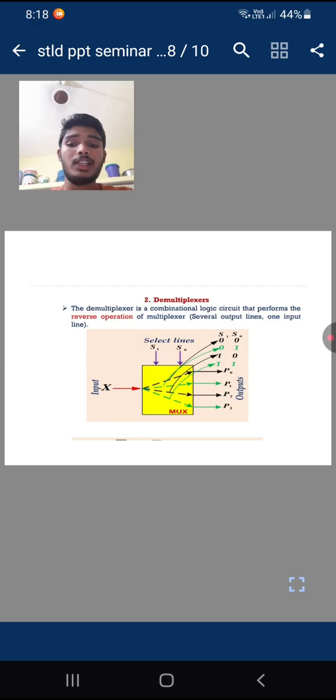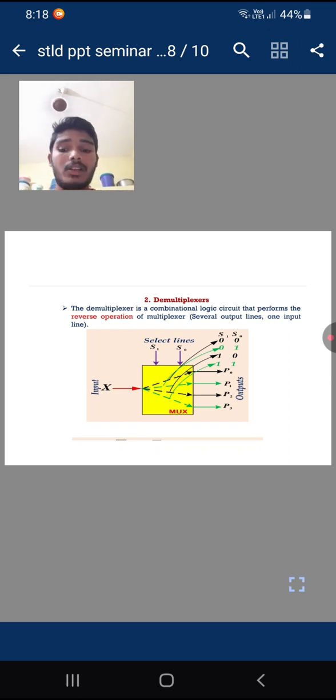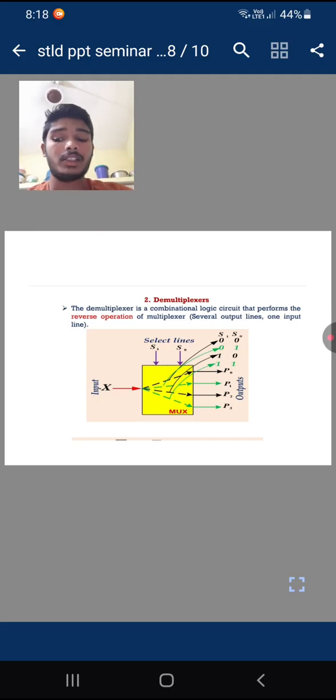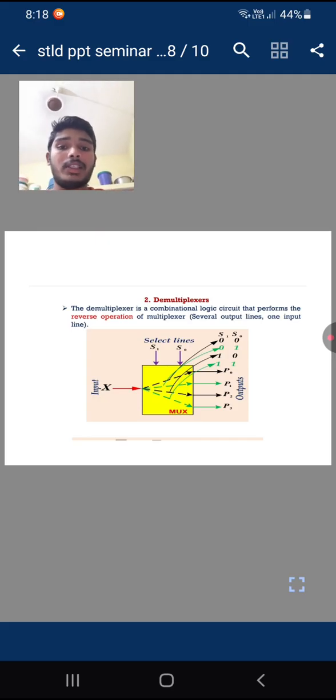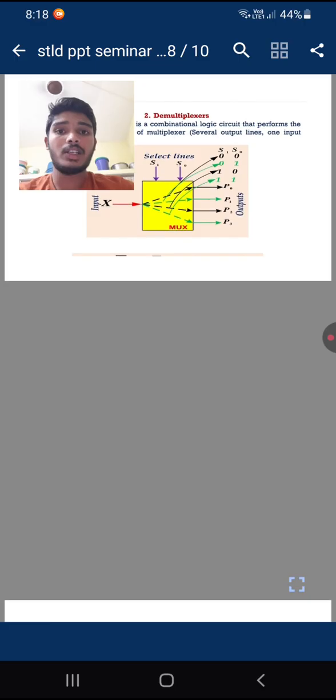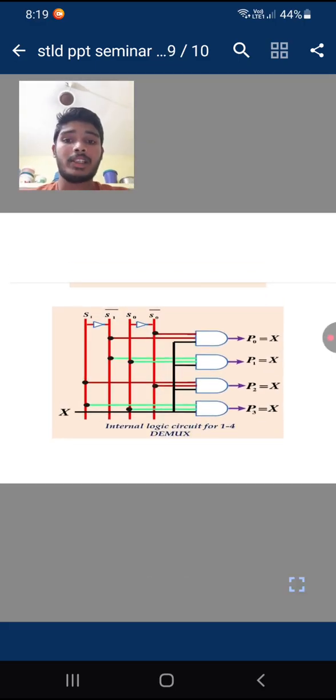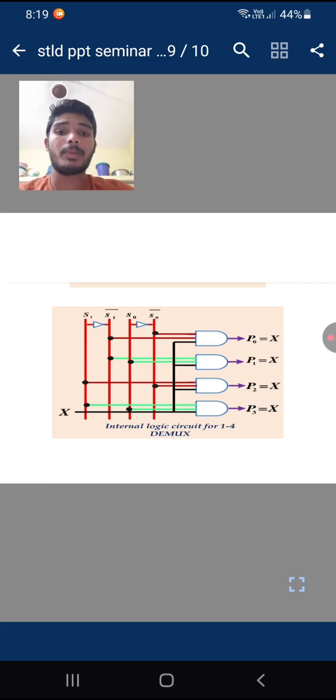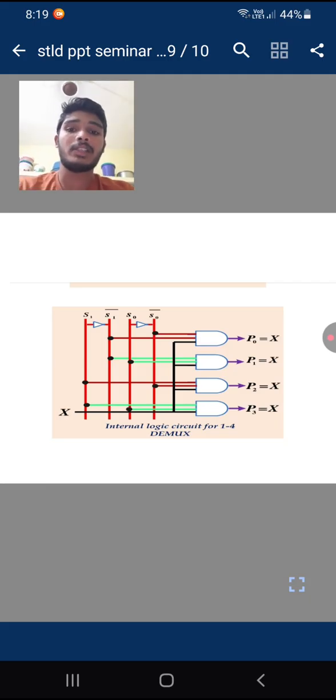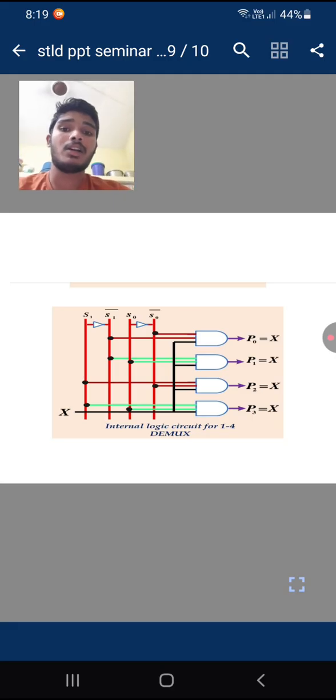In the demultiplexer, the selection inputs are S1 and S0. The input value is x and the outputs are P0, P1, P2, P3. In the same way, in the logic diagram of the 1 by 4 demultiplexer, x is the input value, and P0, P1, P2, P3 are the output values.